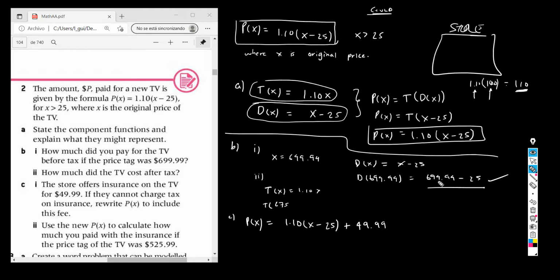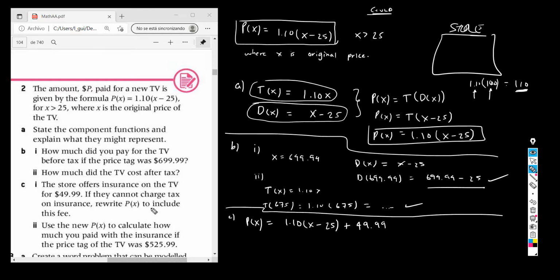I'm rounding because this is pretty much $700. So you're going to evaluate the function t at 675, and that's going to be equal to 1.10 times 675. Whatever number this gives you is the result of the second question. And that completes letter B.